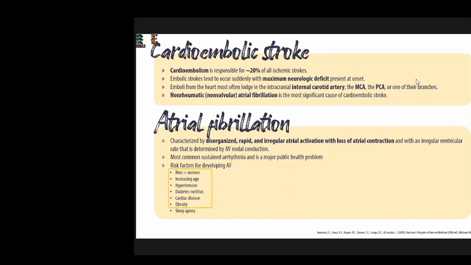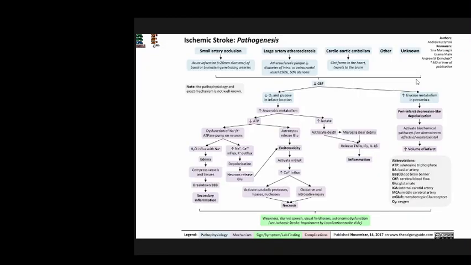This figure is the pathogenesis of ischemic stroke. Our patient has cardioembolic stroke due to atrial fibrillation. In atrial fibrillation, there's clot formation, commonly in the left atrium, which then travels to the brain and causes decreased cerebral blood flow.